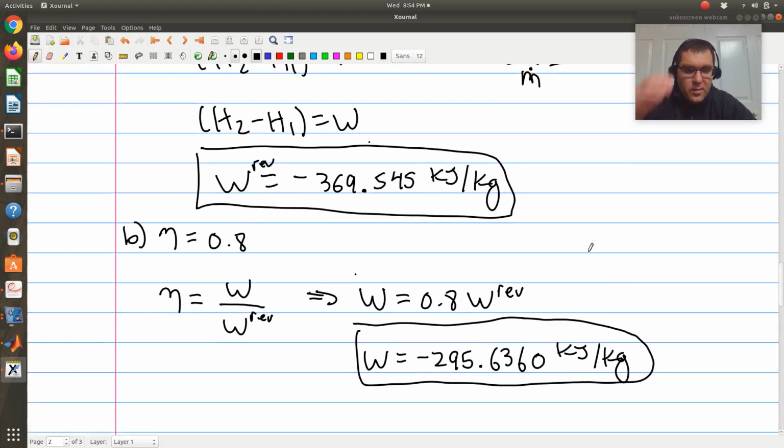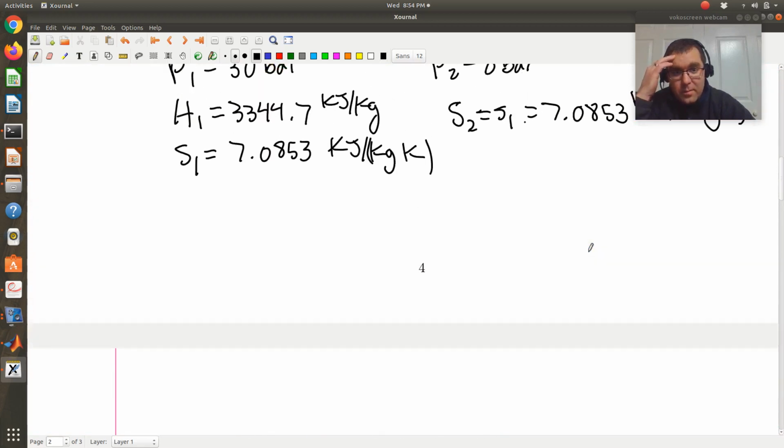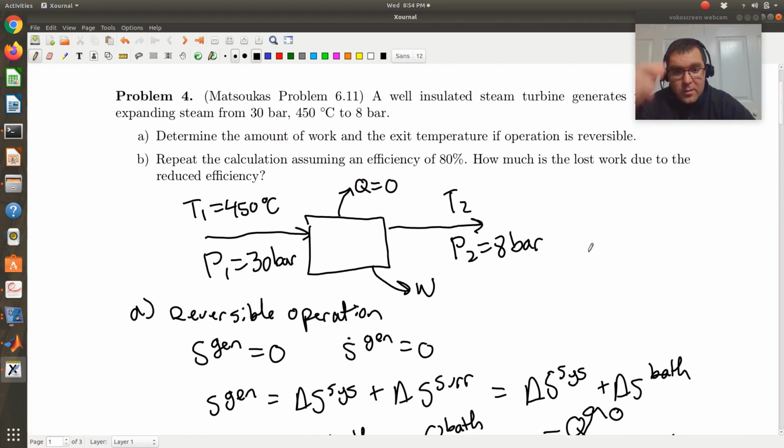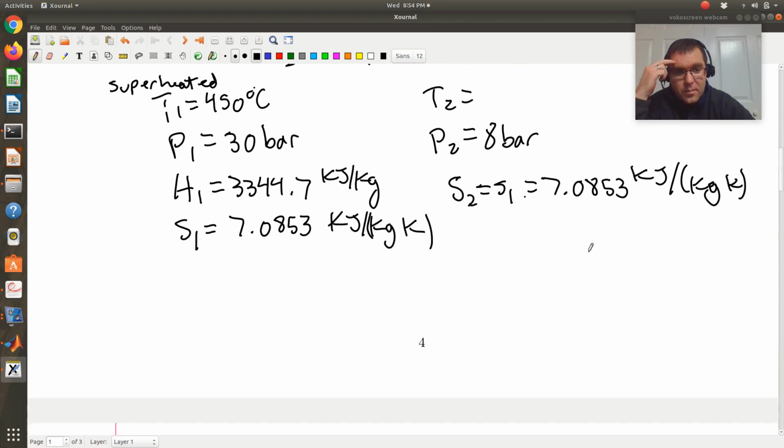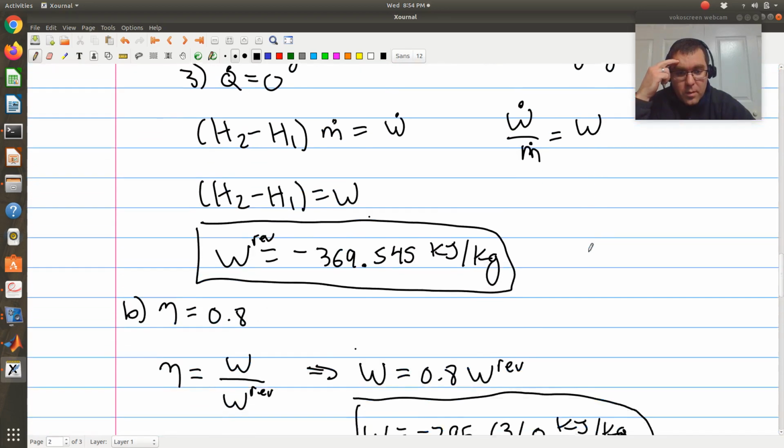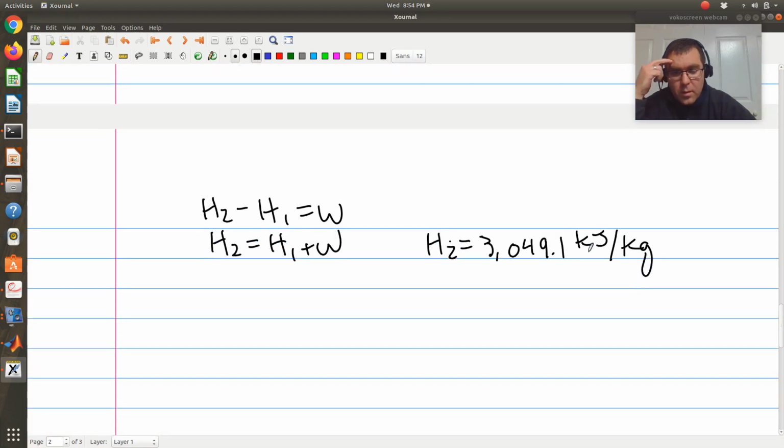And the other piece of information I know about my exit stream is P2 is 8 bars. So the conditions of my exiting stream are fully specified.